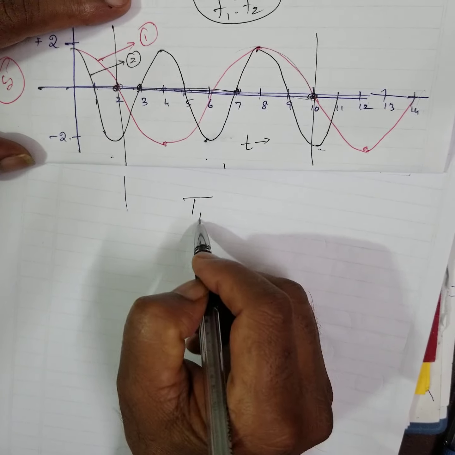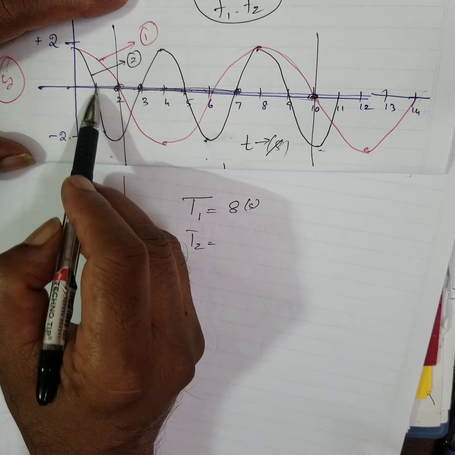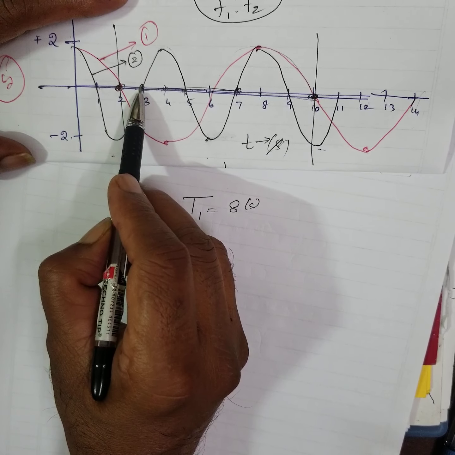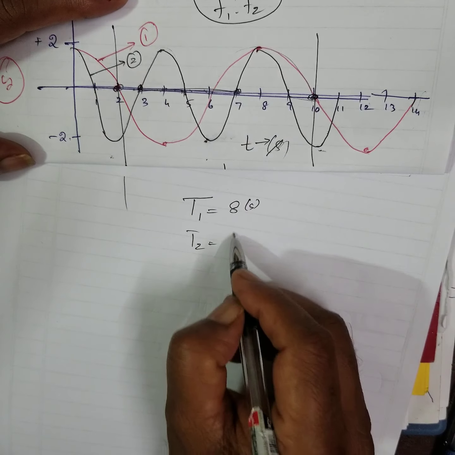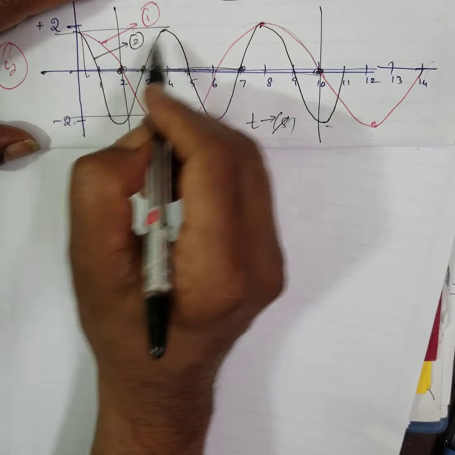That means T1 is 8 seconds. Then what is T2? This is one wave, no? 1, 2, 3, 4. 4 seconds. But the amplitude is the same.